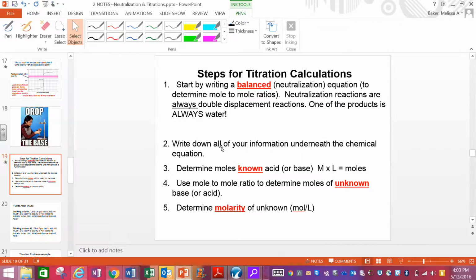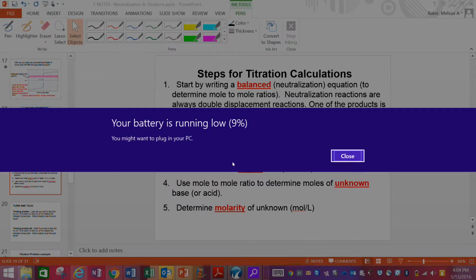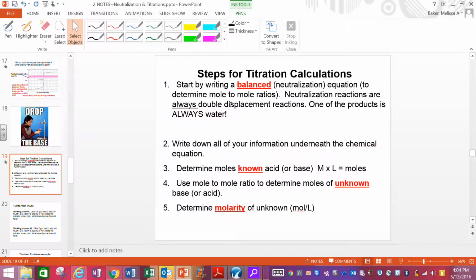Whichever chemical you know more about, like you know the concentration and how much you have, that's your known. Figure out how many moles of your known you're trying to neutralize. Then use the mole-to-mole ratio based on that balanced equation to figure out how many moles of your unknown you have. And finally, based on how much you needed to add, do molarity divided by liters to get that concentration.